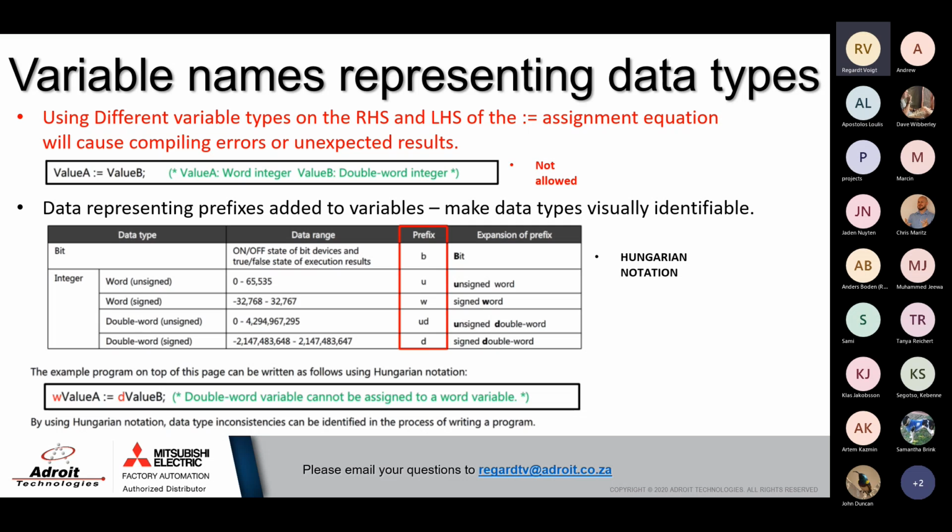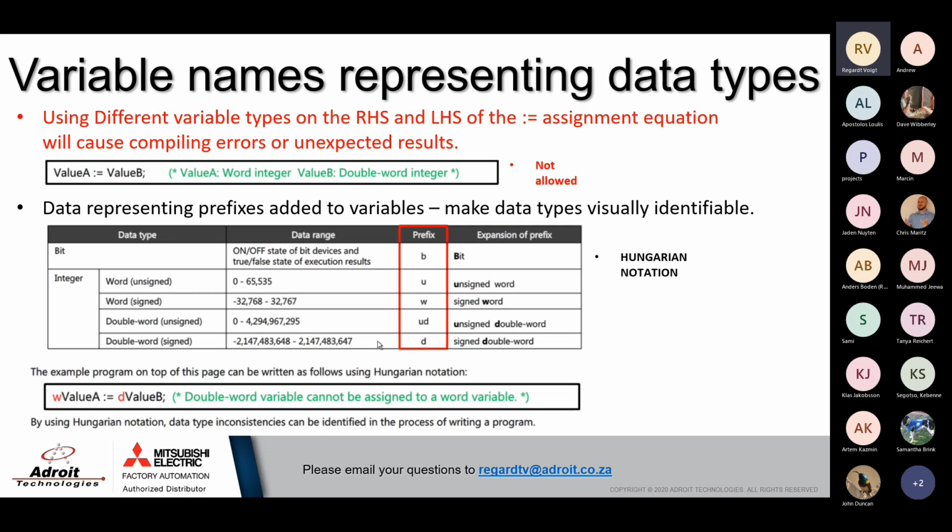So your unsigned word will be your natural values from 0 to 65,000. And obviously your last bit in your word can be used as a sign indication, which means you will only have 15 bits left for your value, and that's the reason why you can only go to 32,000, which is half of that value.